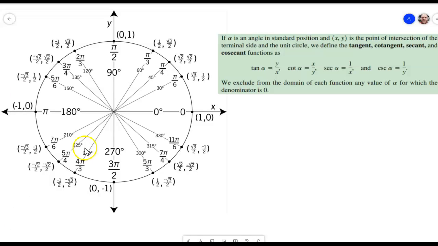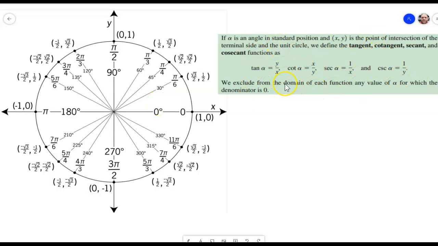So what I did was I found a unit circle. This has all of the main angles that we're going to be using. I'm going to talk a little bit about the unit circle. And I also copied and pasted the definition for the tangent, cotangent, secant, and the cosecant functions from page 446 from our book.